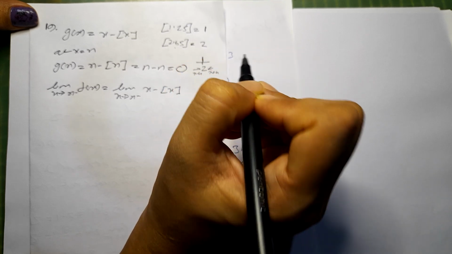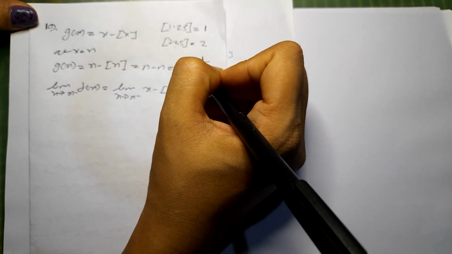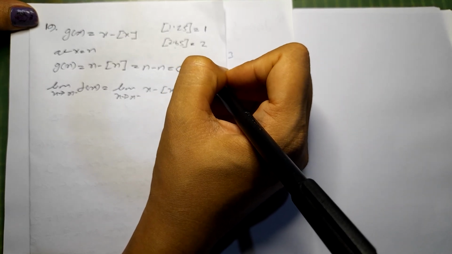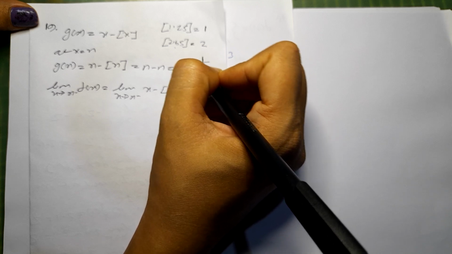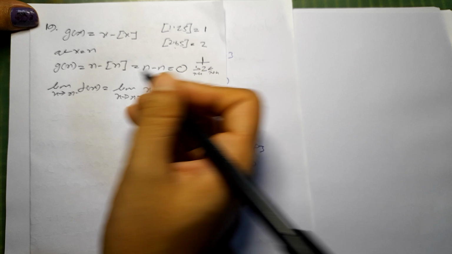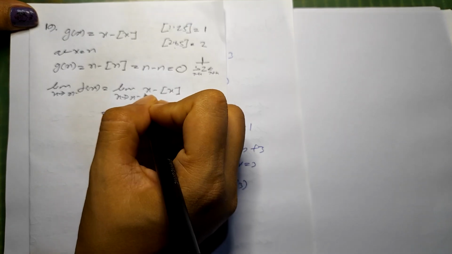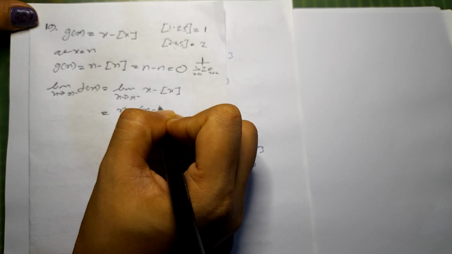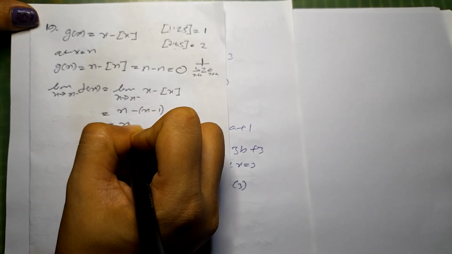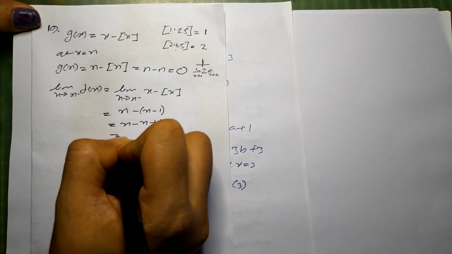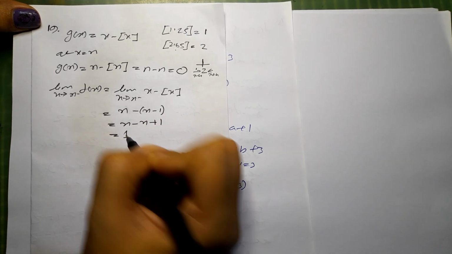If you subtract something from 2, it will give 1 point something, so the integer always reduces by 1. So here it will be n minus 1. So this gives n, and this gives n minus 1, so that is n minus (n minus 1), which is equal to 1.